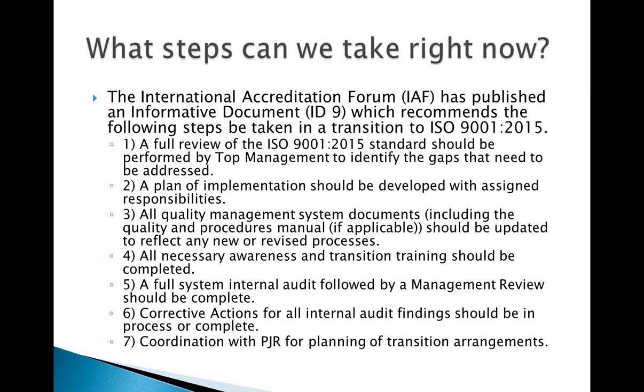Update your documents if necessary to reflect any new or revised processes. Make sure that you've had awareness and transition training for your staff. Have a full system internal audit followed by a management review meeting. Ensure that your corrective actions for any internal audit findings are in process or complete, and then coordinate with PJR for the planning of your official transition arrangements.